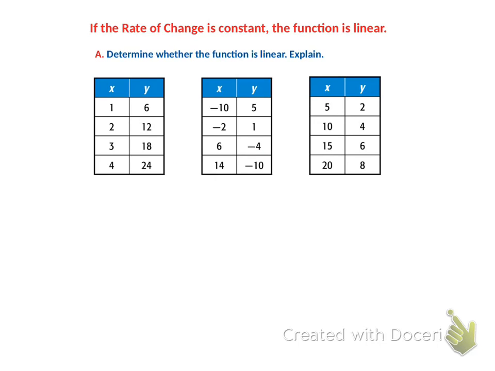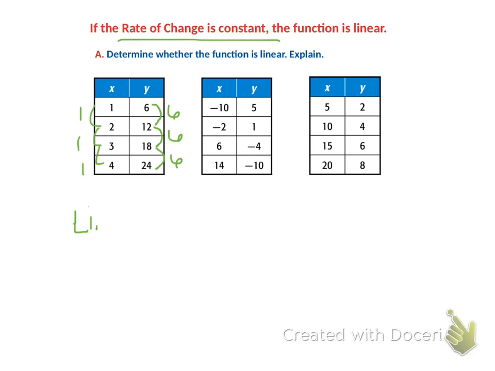Alright, little extension for you here. How can you tell if a table is linear? Well, it has to have slope. The rate of change has to be the same between all points. So in the first table, we're going up by 6, 6, 6, and we're going up by 1, 1, 1.